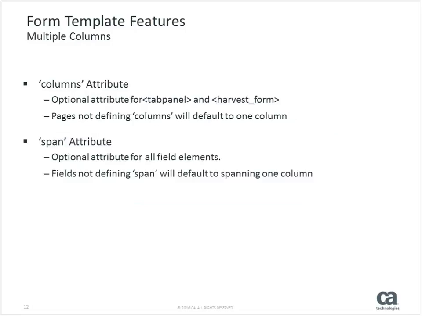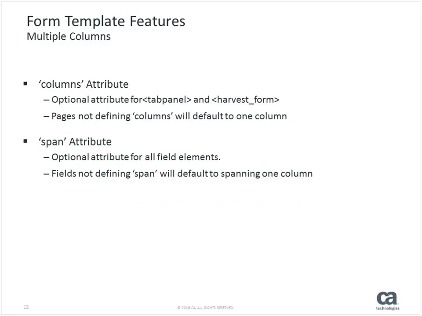Now multiple columns. If you want to display your forms in multiple columns, by default the XML form which gets generated comes in a single column. If you want to span across multiple columns, that can be done through two attributes, one is columns, another one is span.